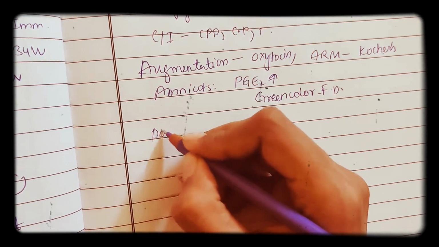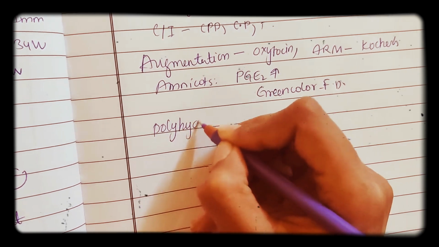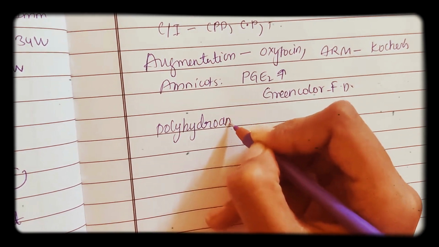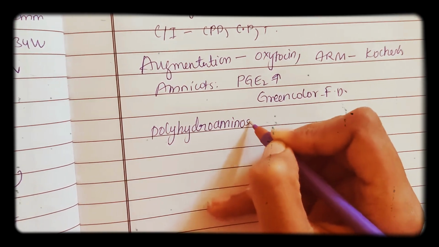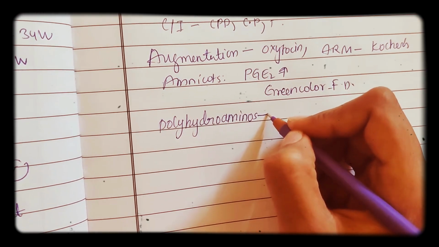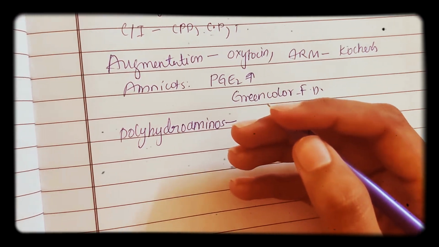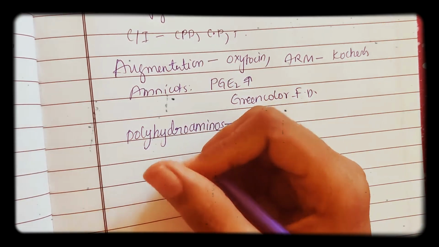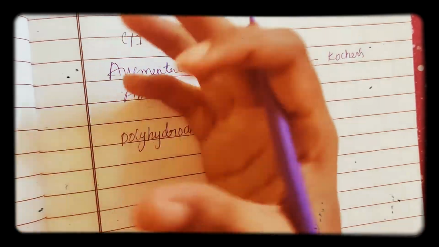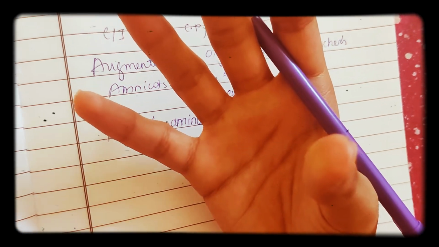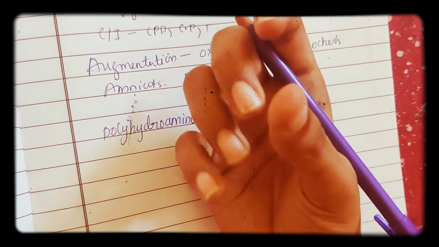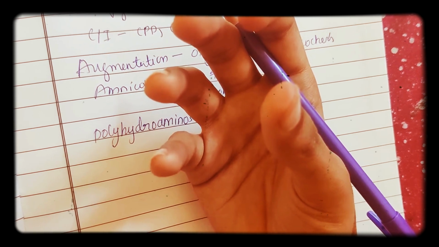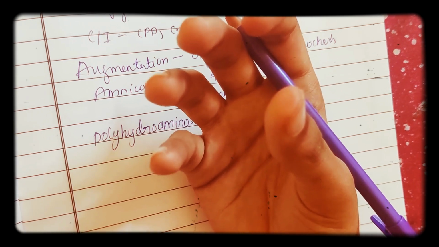Coming to polyhydramnios. In polyhydramnios, if you do rupture of membranes, then the entire amniotic fluid may come out, leading to sudden shrinkage of the uterus, leading to abruptio placenta. The placenta may even fall off suddenly.